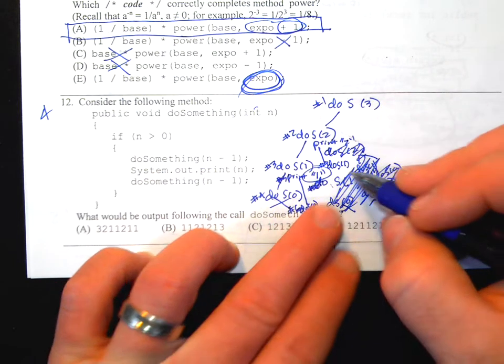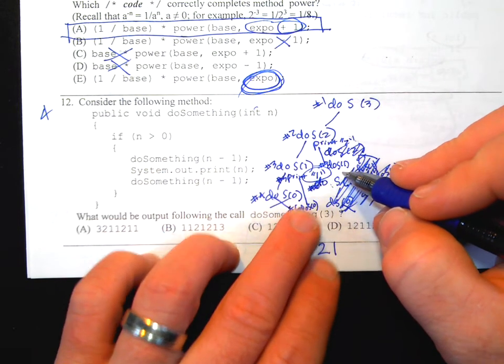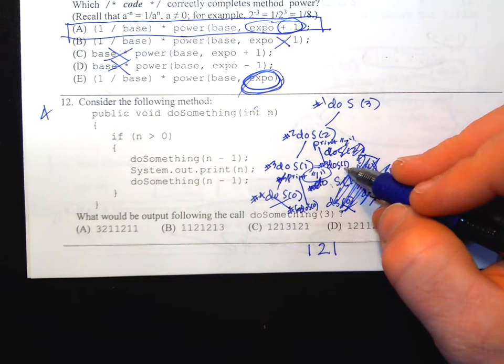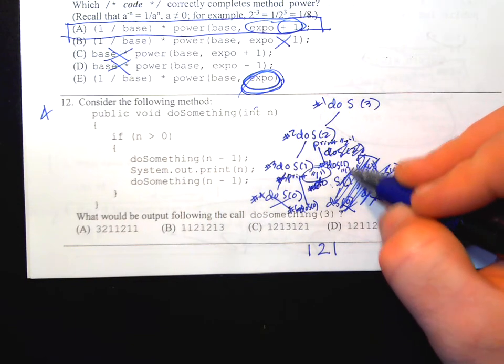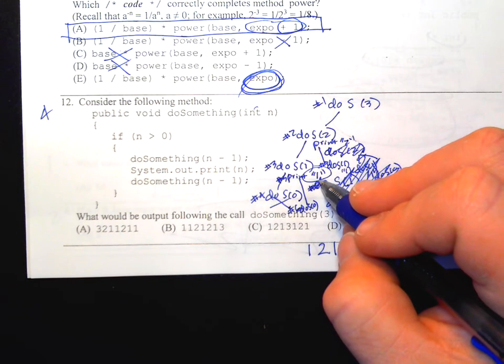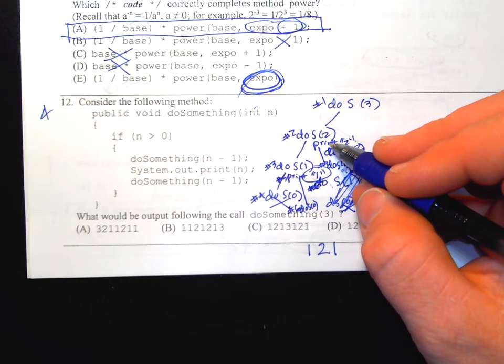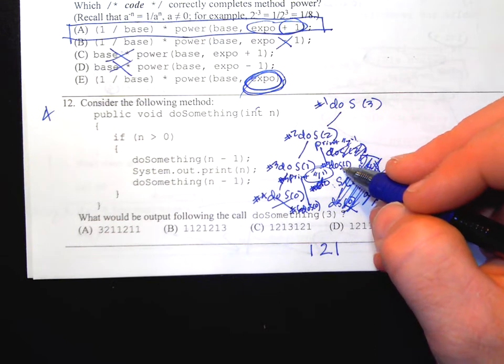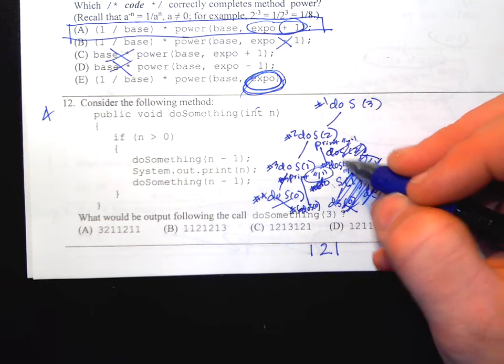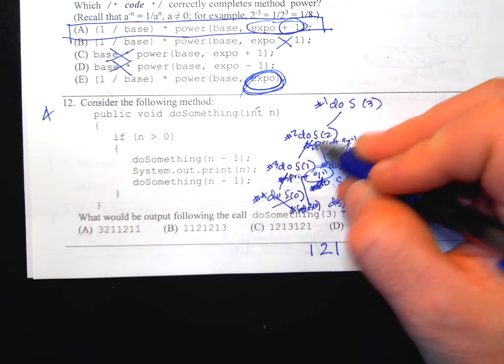Now do something 1 prints another 1 out. So we have a 1. And it calls do something 1 again. That doesn't do anything. 7. Then it goes up here. This is the 8th step, and it prints out a 2.